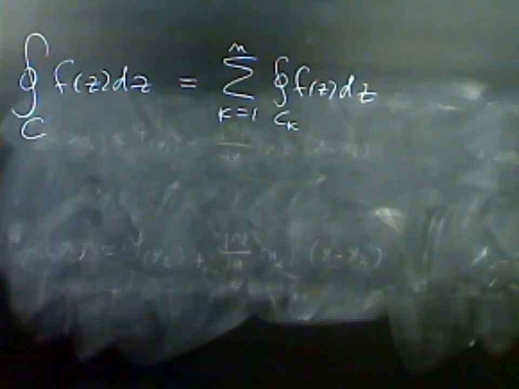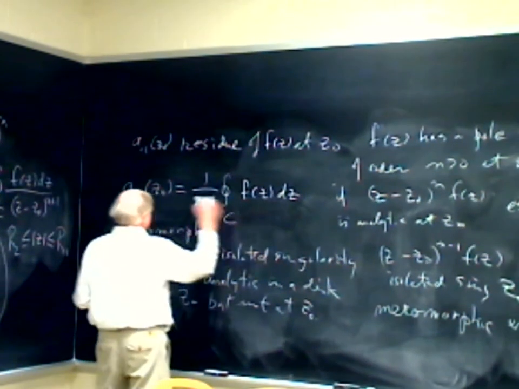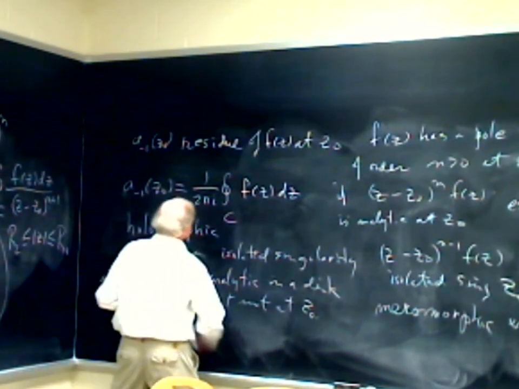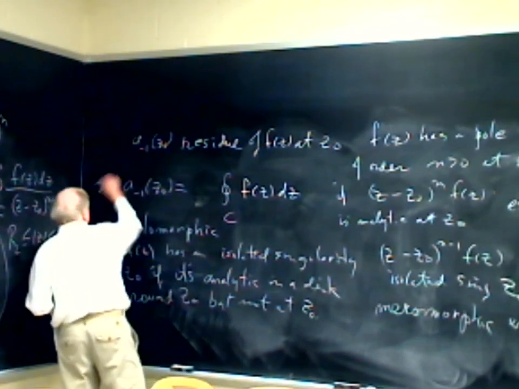Okay? So in other words, the integral around the contour is 2 pi i times the residue. I can just bring this thing around and I get 2 pi i like that.